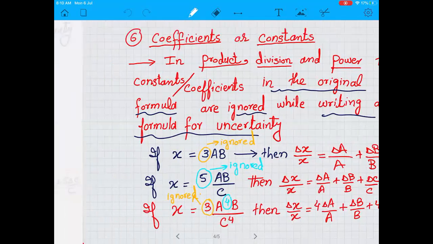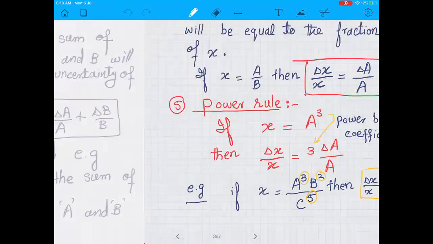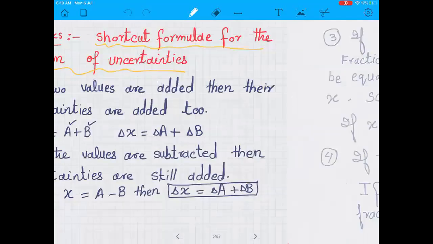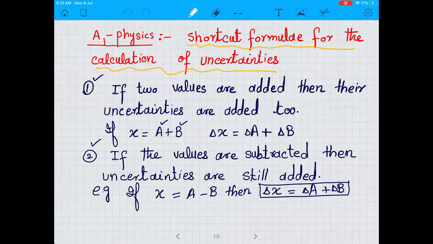Basically, today we have studied the shortcut formulas for writing uncertainties. The first thing that we studied was, if the values are added, the uncertainties are added too. The second formula is, if the values are subtracted, then the uncertainties are still added. You see here, the values have been subtracted, still the uncertainties are added.